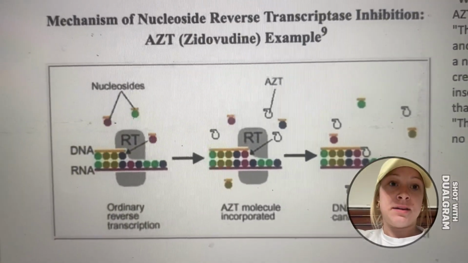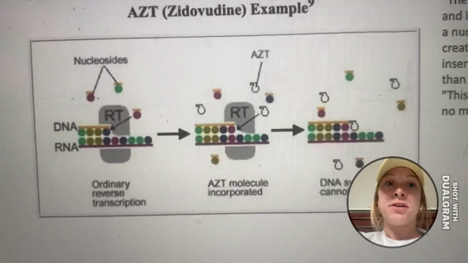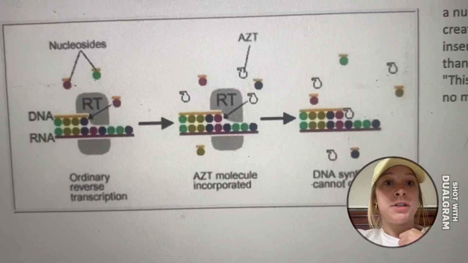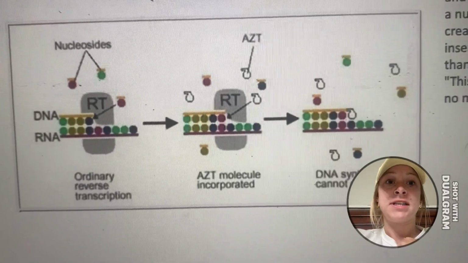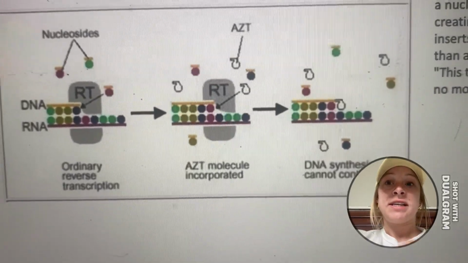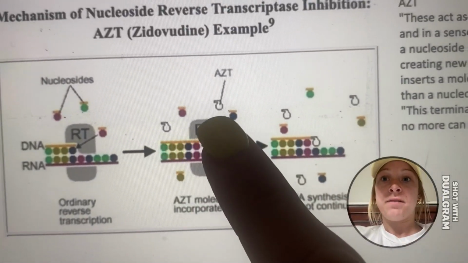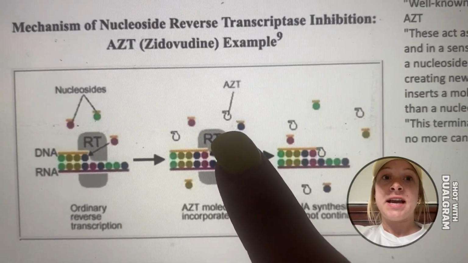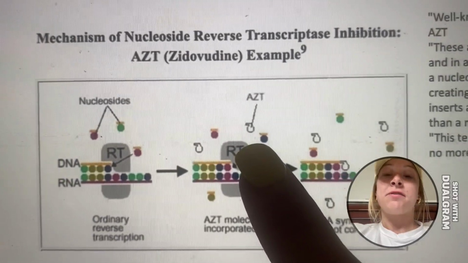These act as nucleoside analogs, and in a sense, they pretend to be a nucleoside so that when RT is creating new DNA, like right here, it accidentally inserts a molecule of AZT rather than a nucleoside.